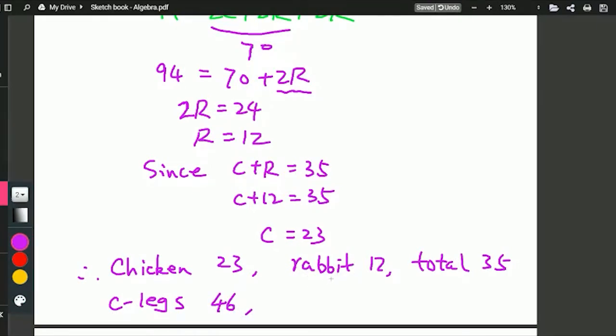And each rabbit has 4 legs, so 12 rabbits should have 4 times 12, that's 48 legs. So total legs is 46 plus 48, and that's 94. Okay, class.